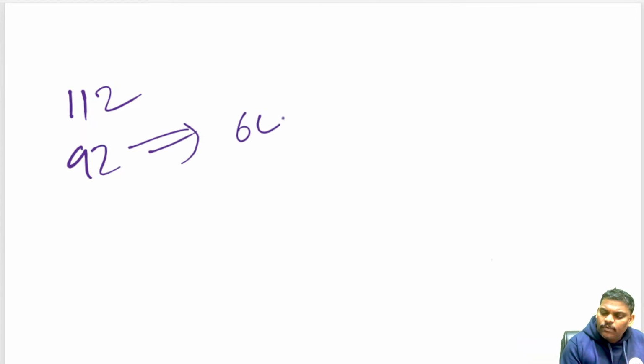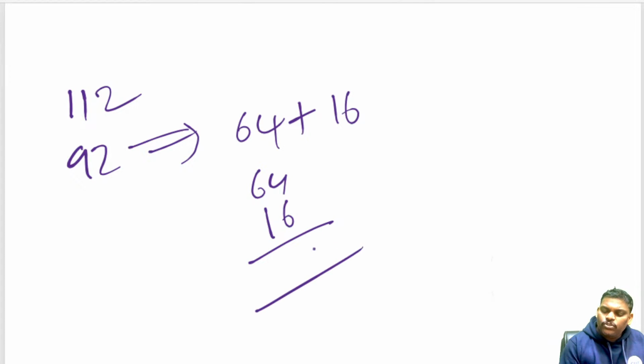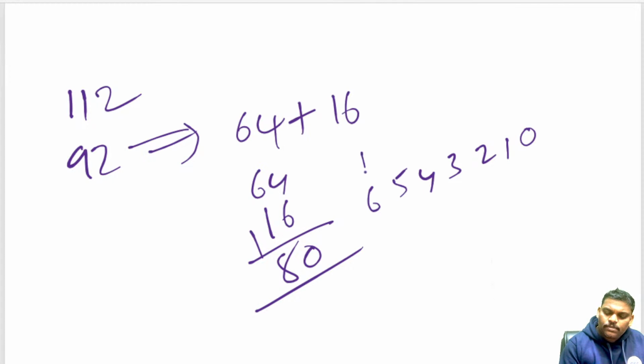92 is going to be 64 plus 16, which goes to 80, plus 12. Counting the bits 0, 1, 2, 3, 4, 5, 6, 12 means 8 plus 4.